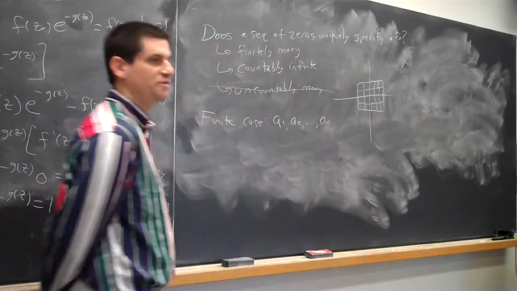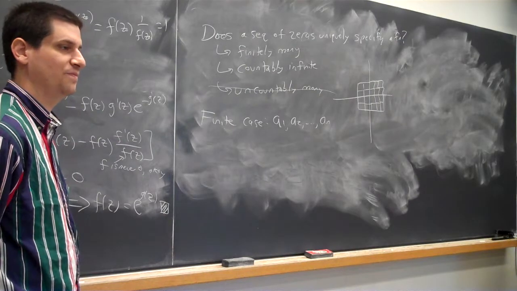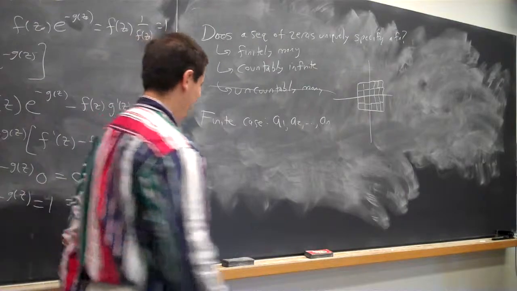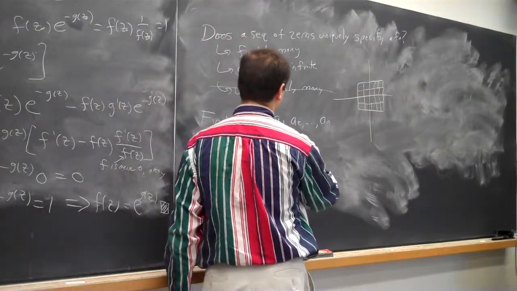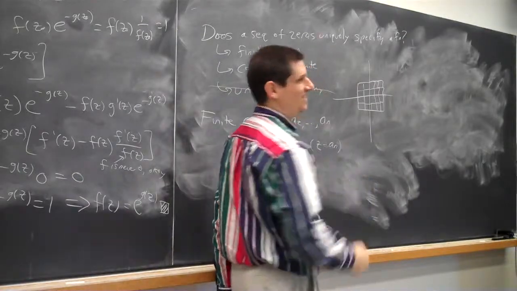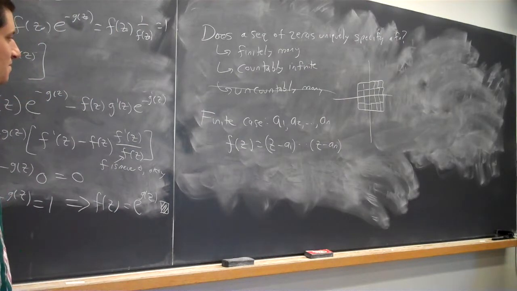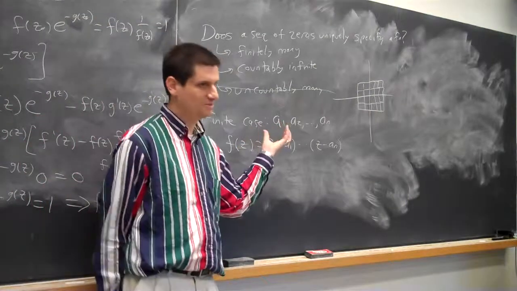Can you give me a function that vanishes at those points and no other points? f of z equals z minus a1, z minus a2, and so on. Yes, absolutely. Any other functions work? Yeah, constant. I could multiply by a constant. What else?